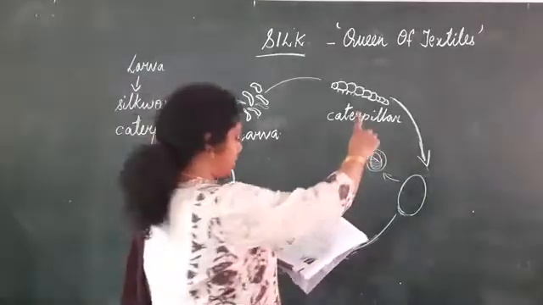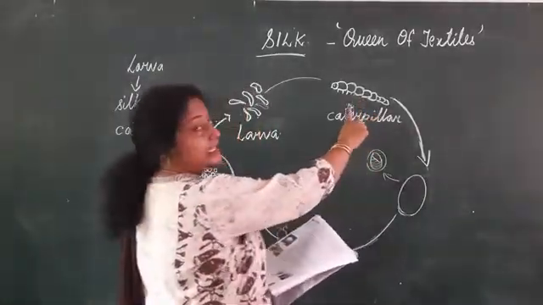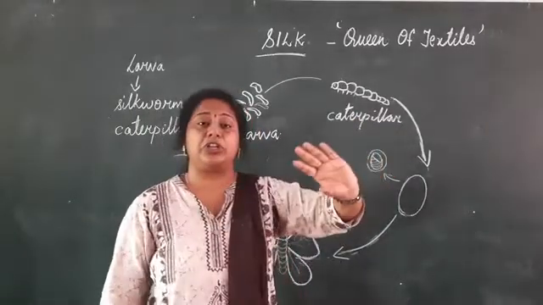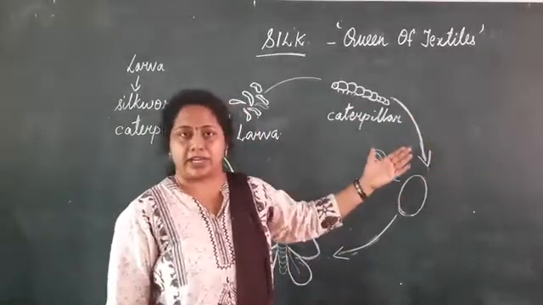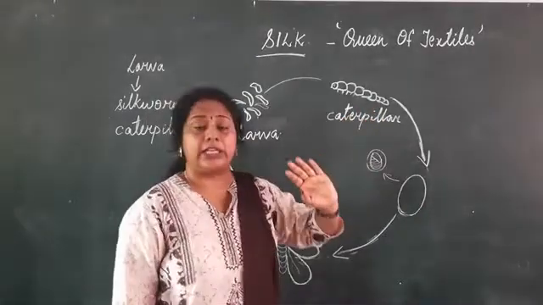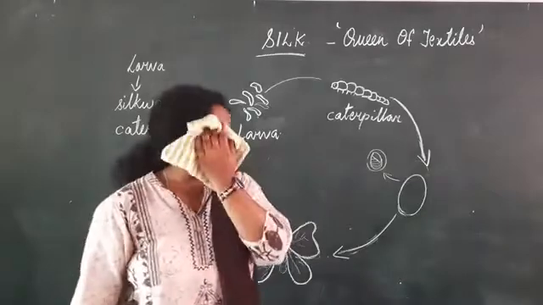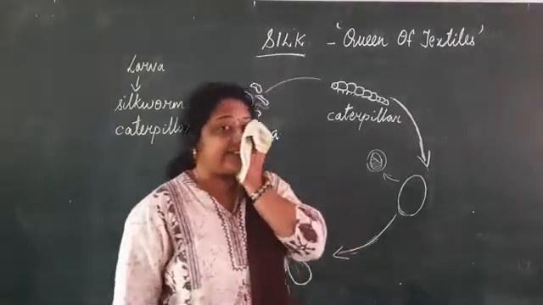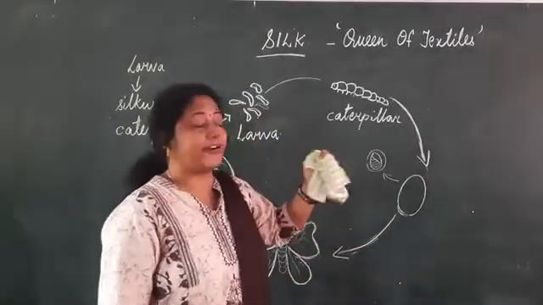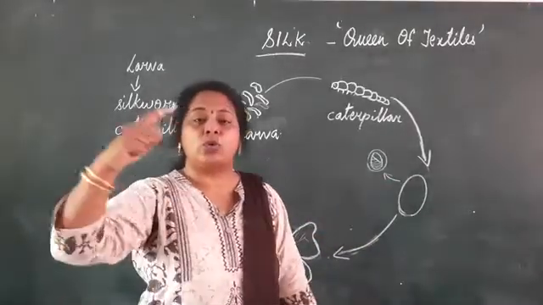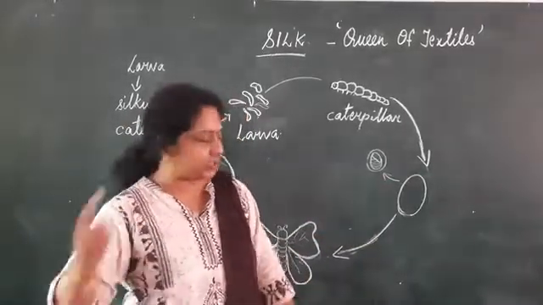After 35 days of continuously feeding on the mulberry leaves, they stop eating permanently. After shedding the skin 4 times, they are now ready to spin the cocoon around itself, around its body.